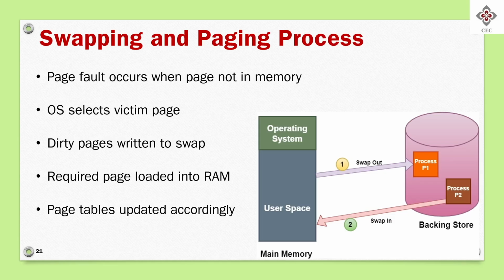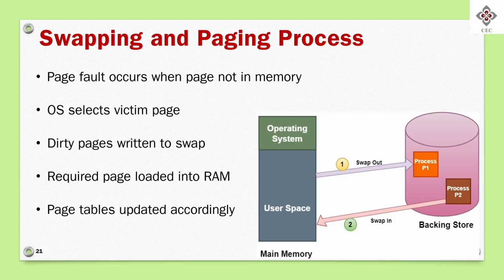The page fault occurs when the page is not in the memory, and the OS selects a victim page. We have to select which page to choose based on the page replacement algorithms. That is a separate topic. It could be the page which is not used for a long time, or the pages which you are using frequently, or whatever logic you can apply to identify this victim page, and we have to swap the page.